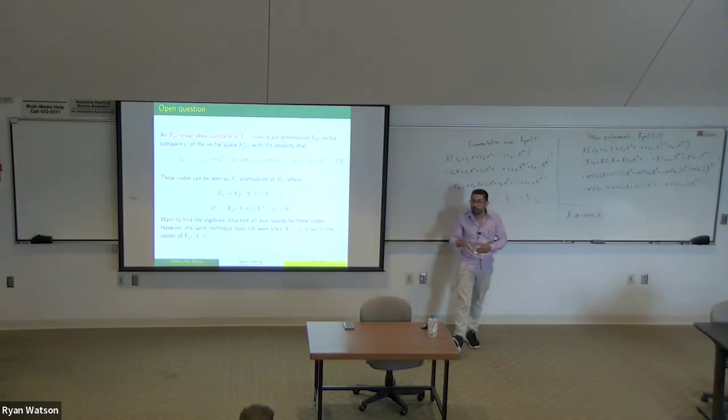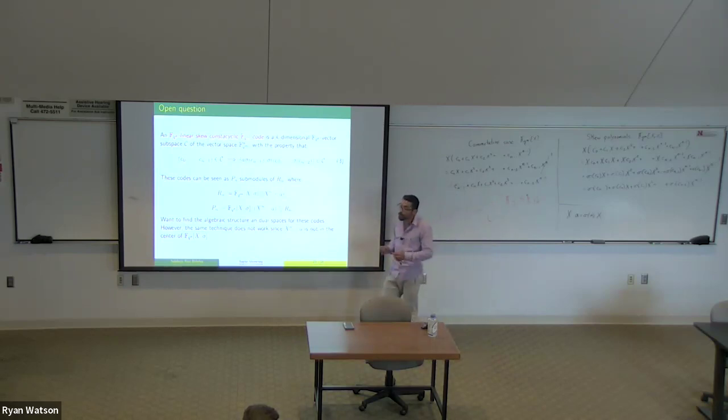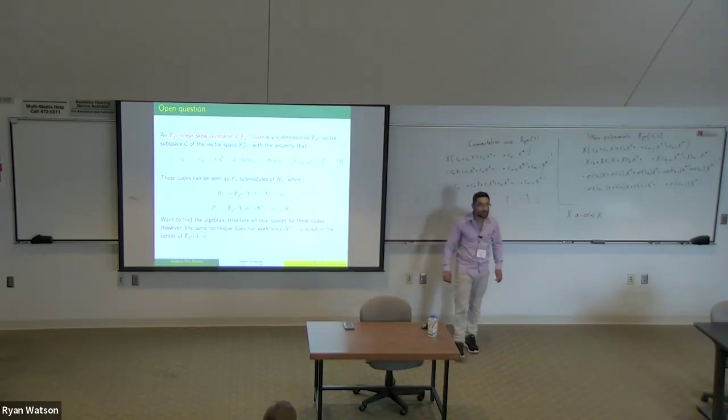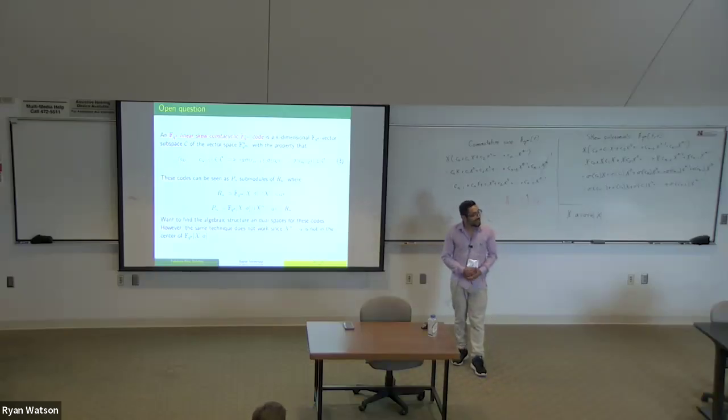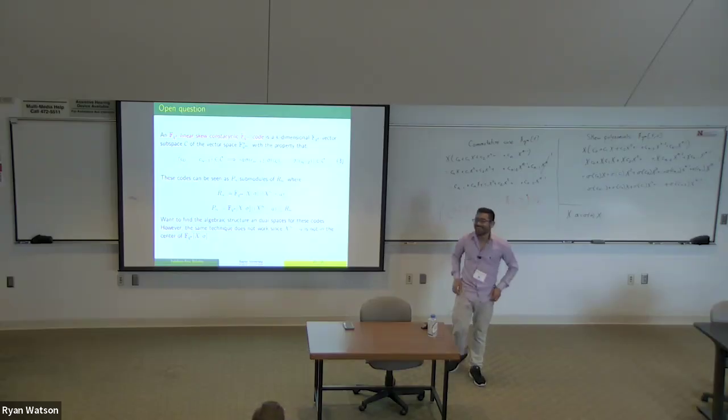So we need to find something different to be able to solve this other problem of being able to decompose the codes as direct sum of cyclic modules. So yeah, that's all. And if anyone wants to work on this, I expect your emails. Thank you.